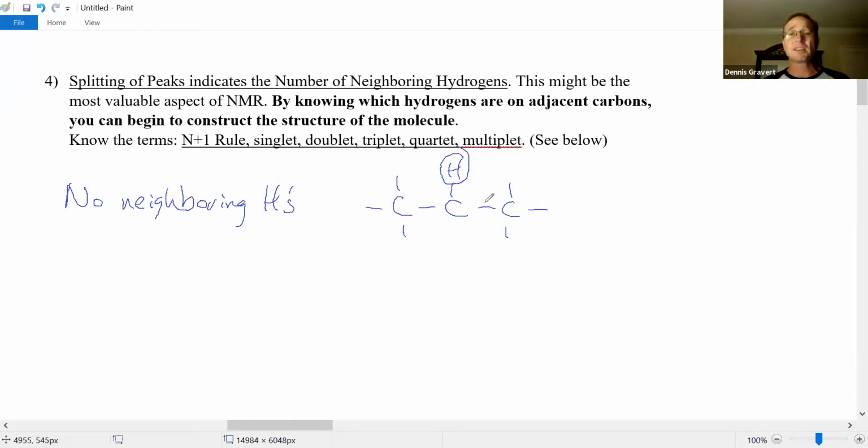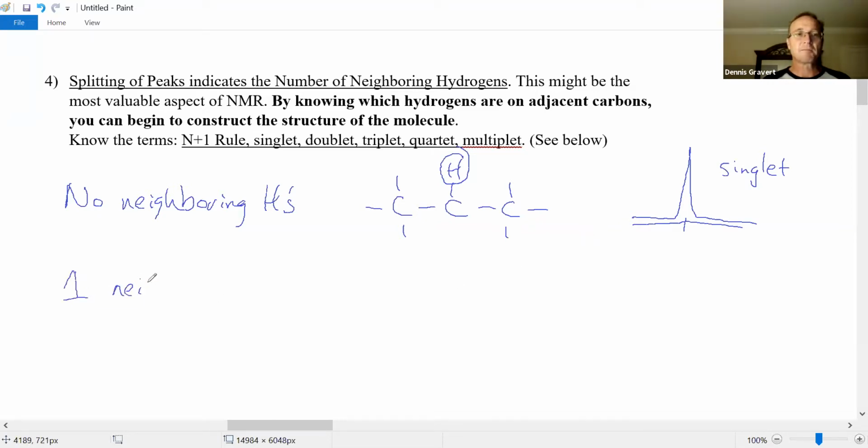The point is, adjacent to this hydrogen are no hydrogens, no neighboring H's. So you just get a simple peak at some peak position, that's my x-axis here. A single peak that isn't being split is called a singlet.